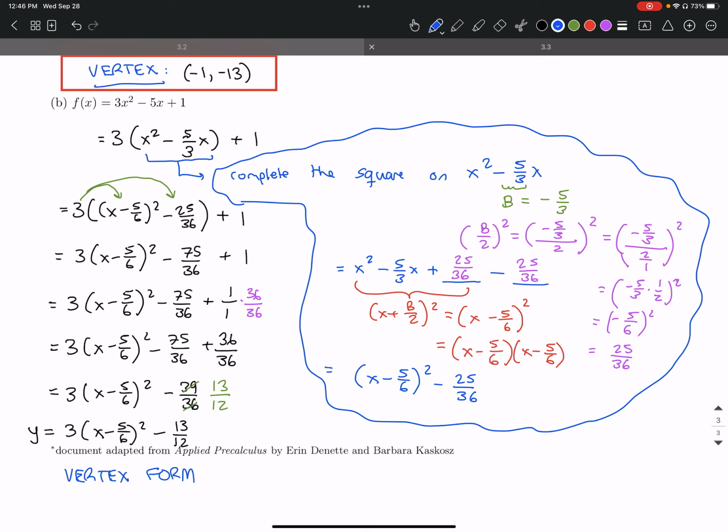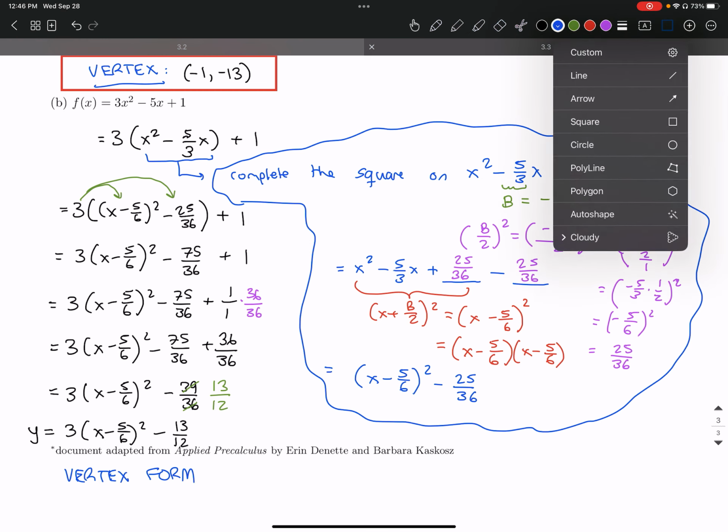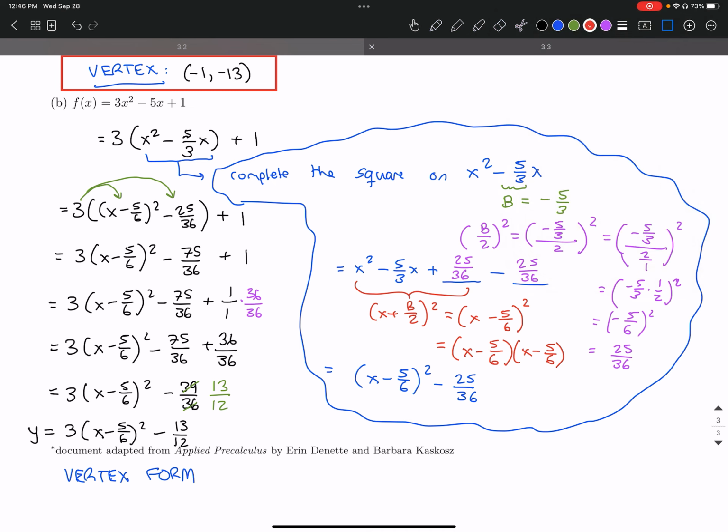Now, this is one of the more complicated examples of completing the square because there's so many fractions involved, just to show you that this can be done. You won't always encounter ones that look like this, but it's nice to know how to do. Now, as far as identifying our vertex goes, well, remember, vertex form is y, or f of x, equals a times x minus h squared plus k.